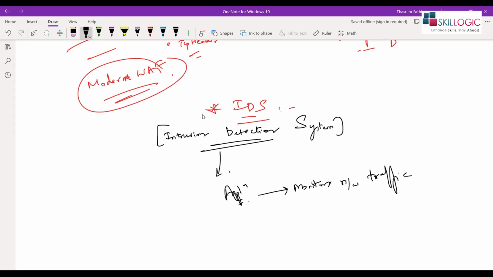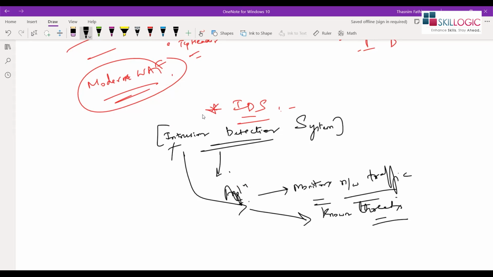It's going to monitor the complete network traffic, and search for known threats. If there is anything suspicious or malicious activity, it's going to identify that. And further, they send an alert to the IT security team when they detect any security risk and threat.